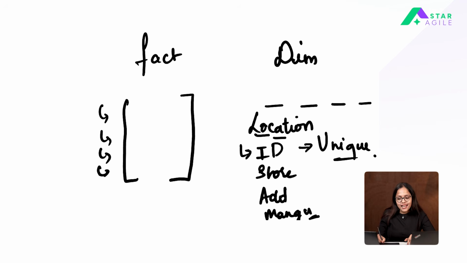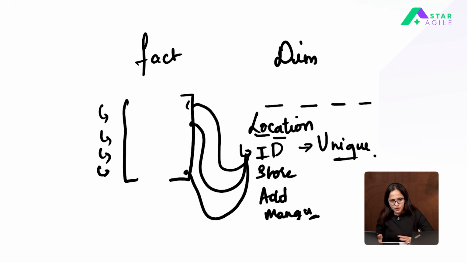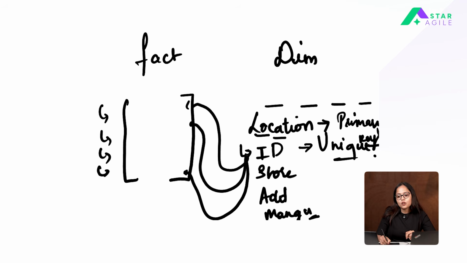Also, this ID can refer to multiple entries of your fact table, isn't it? Because Bangalore can have different types of fuels. Hyderabad can again have different types of fuels. So, this distinction is very important. Hence, your location table consists of primary keys, which are the unique keys, and it references the foreign keys of the fact table.